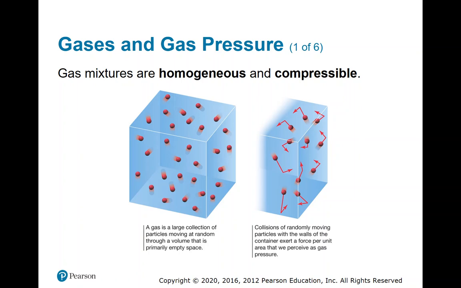And if you have a container with gas molecules in it, it turns out that under most circumstances at least, the gas molecules make up only a tiny fraction of the total space. So gases are actually mostly made up of empty space.